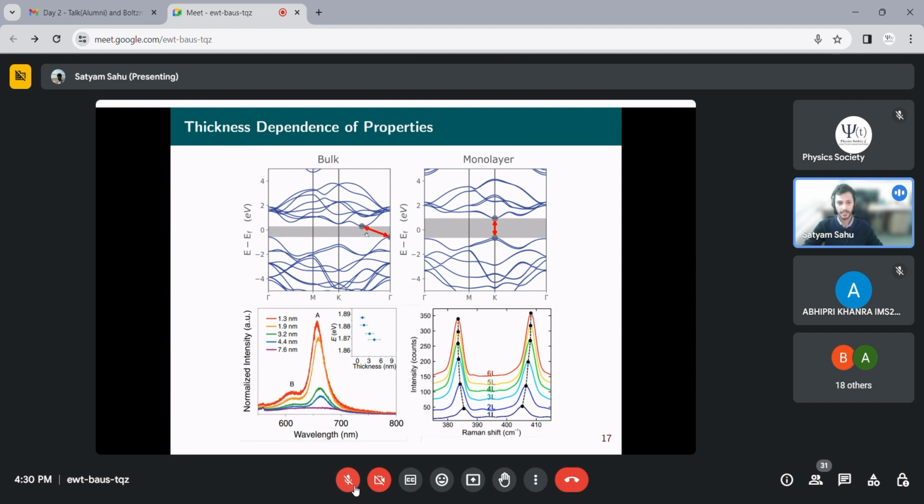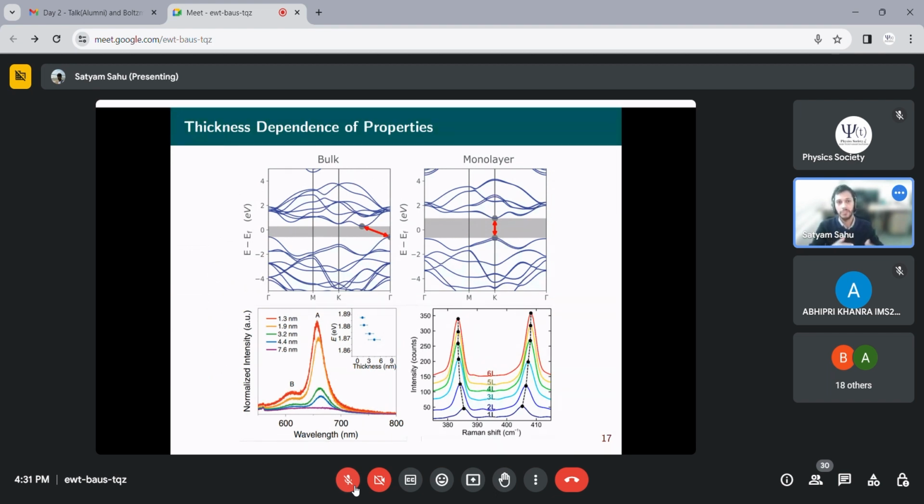If you see, they are at two different points along the x axis. One point is at something called gamma, and the other is somewhere between K and gamma. When you have this kind of system, it is called an indirect band gap semiconductor.